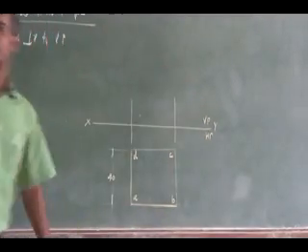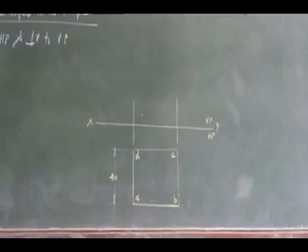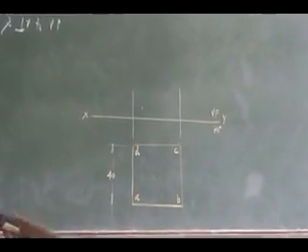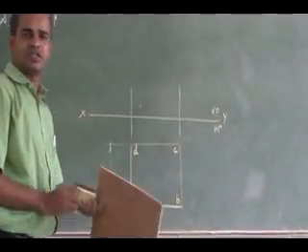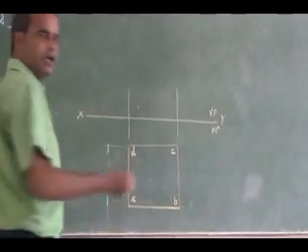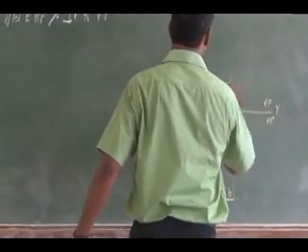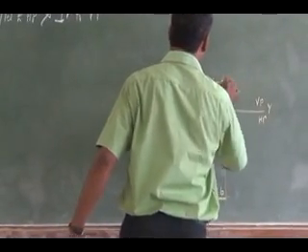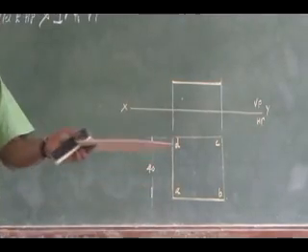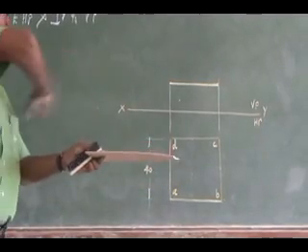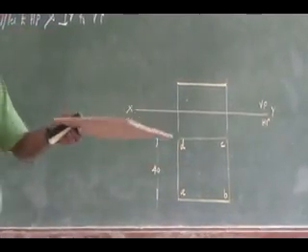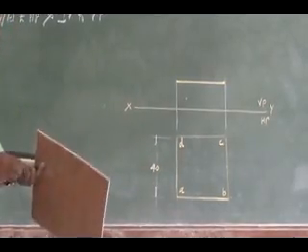The front view will be seen as a straight line parallel to the reference line. Since the plane is perpendicular to the vertical plane, it will be seen as a straight line.